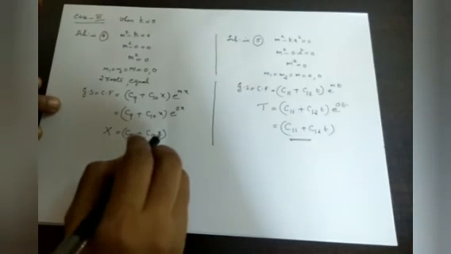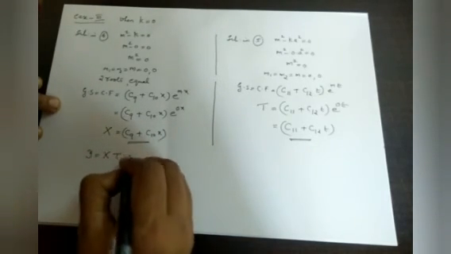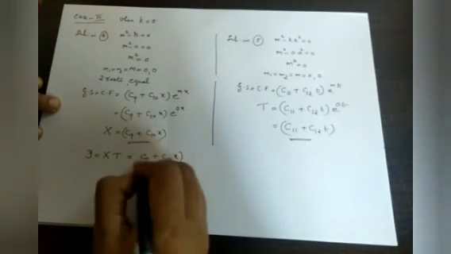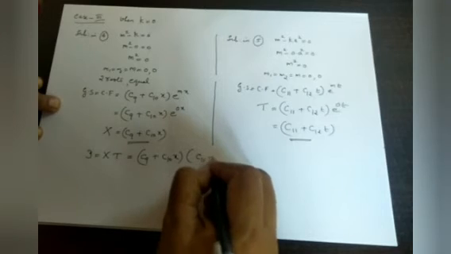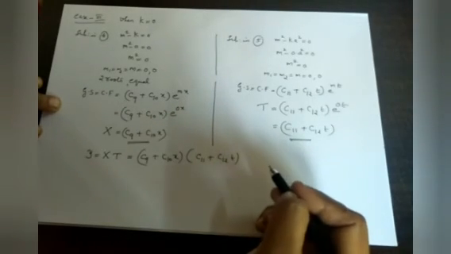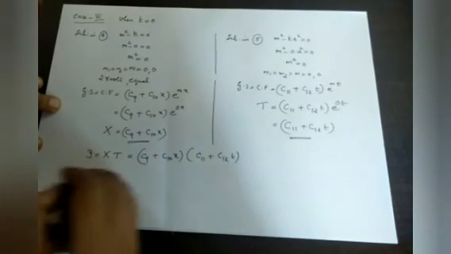Now, the general solution is y is equal to X T, which is equal to C9 plus C10x into C11 plus C12t.